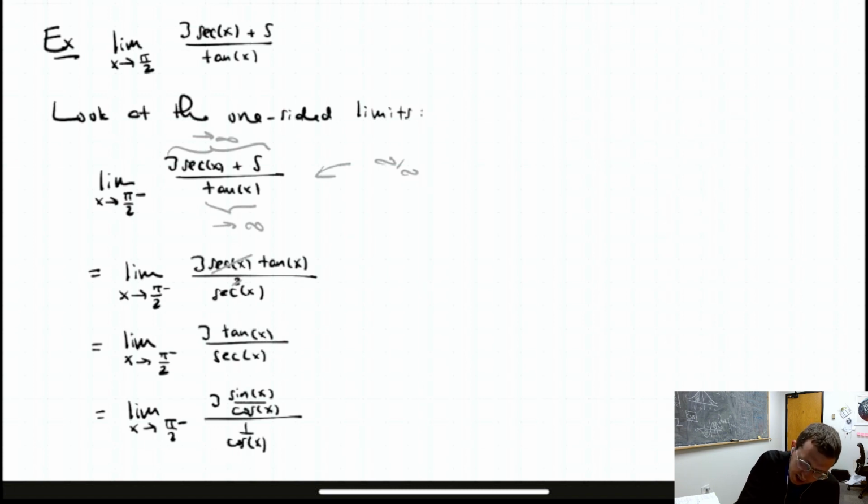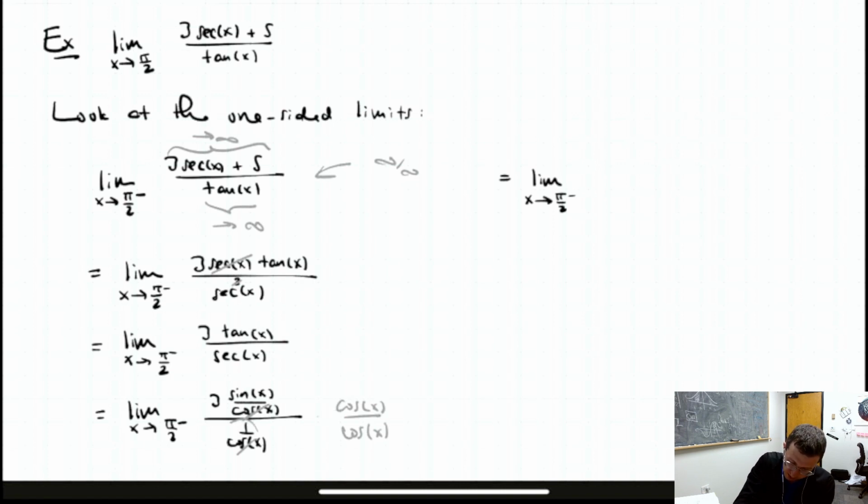And the cosine x's cancel. Canceling is a little bit weird. The easiest way to see how to do this is to multiply by cosine x over cosine x. So when you multiply this cosine with that, it's a little more obvious that those cosines cancel.